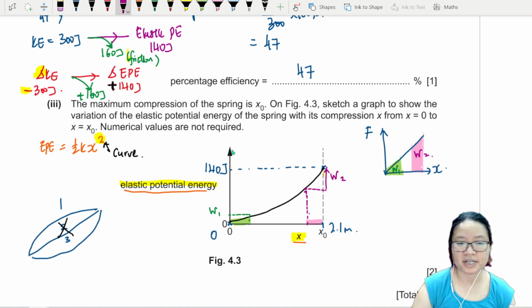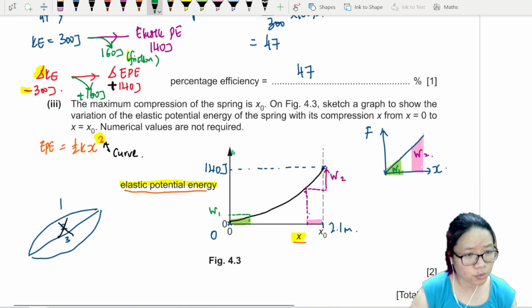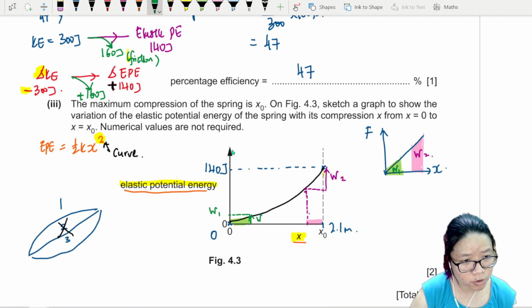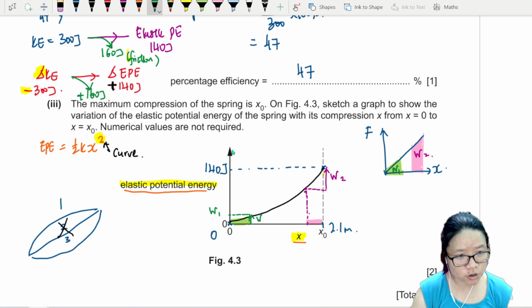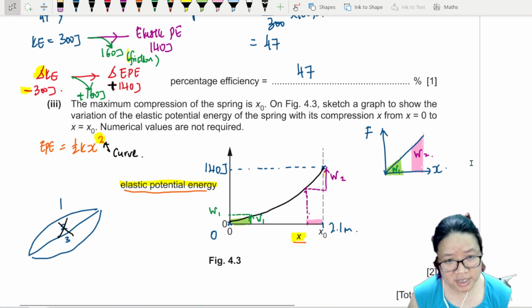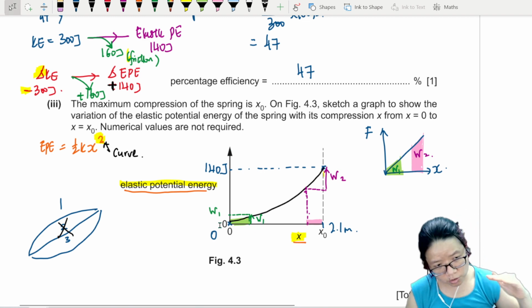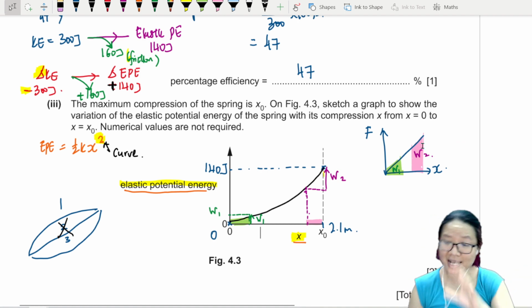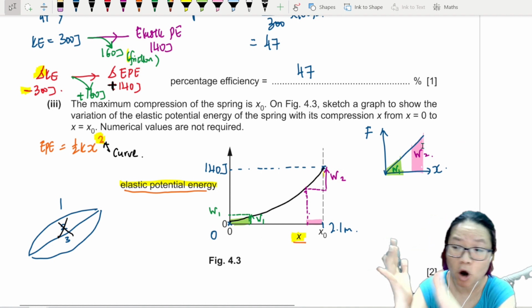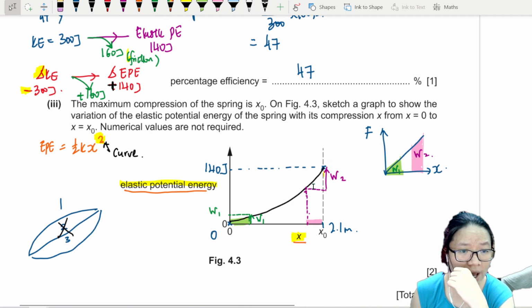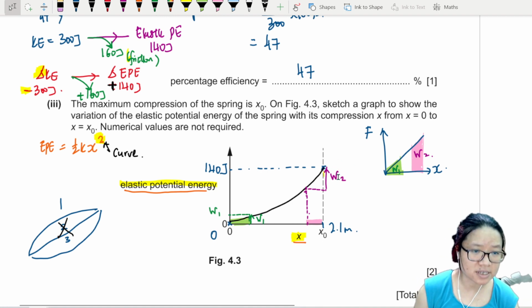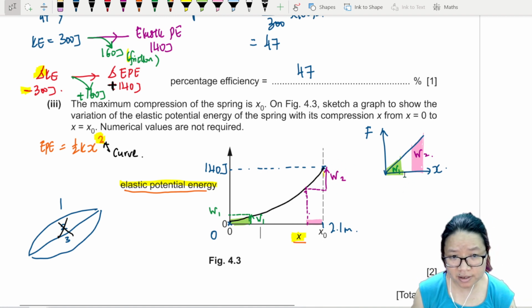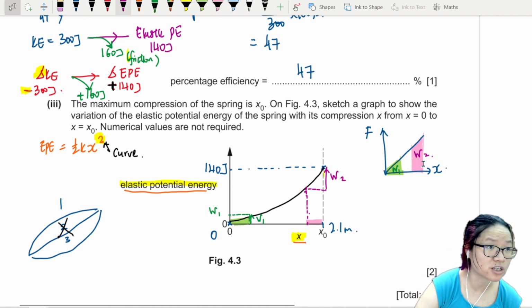Your increase in energy. Of course, your W1 will be smaller than your W2. That's why your gradient is getting steeper and steeper. So the increase in this tiny bit of area will be a slow climb. Towards the end, when the spring is harder to compress, you will store more energy. So here this is W2. So the area under this is actually elastic potential energy.